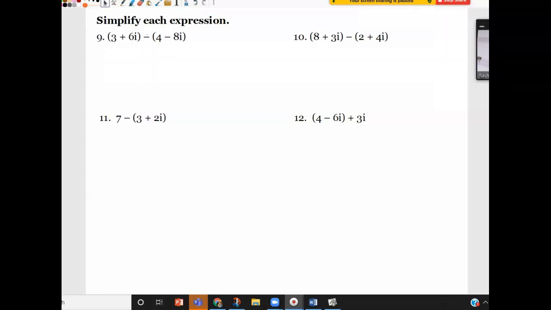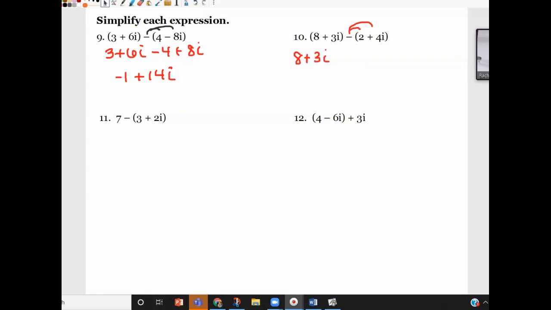So that we have our real plus imaginary. We do the same thing in 10, distribute our negative. Combine like terms. So 6 minus i.